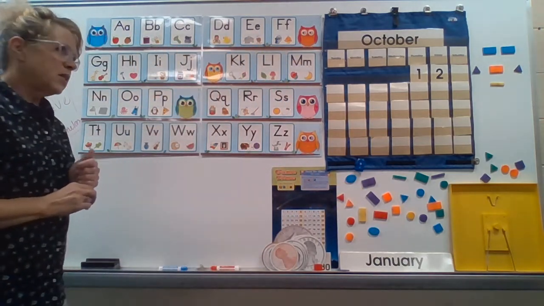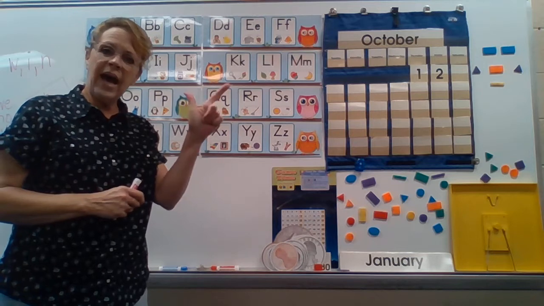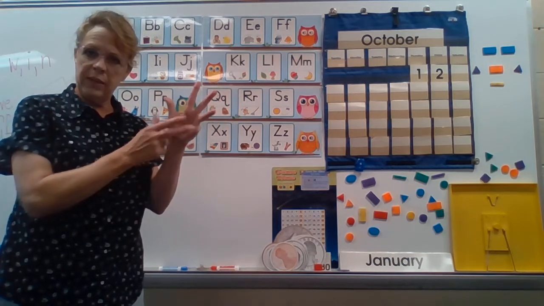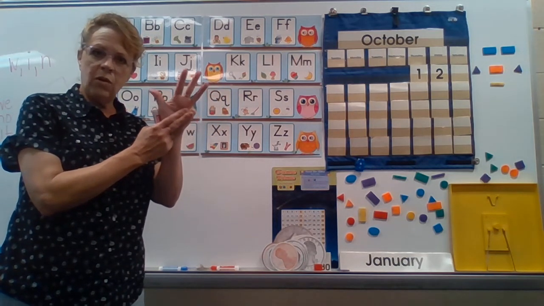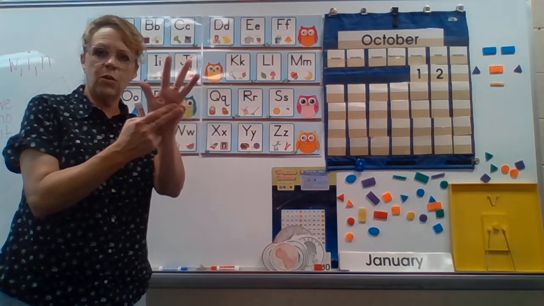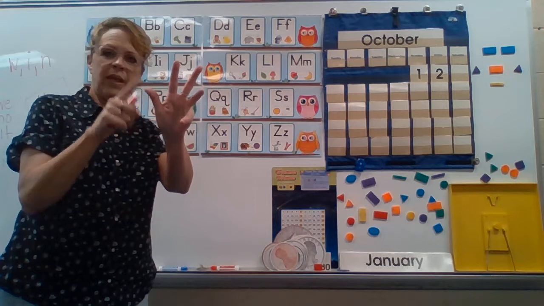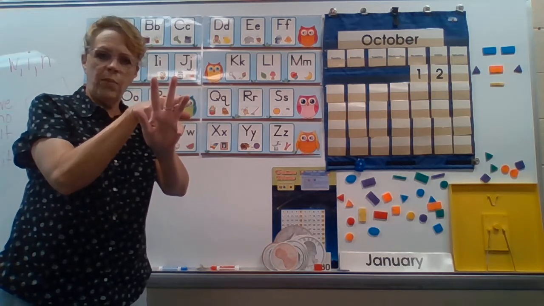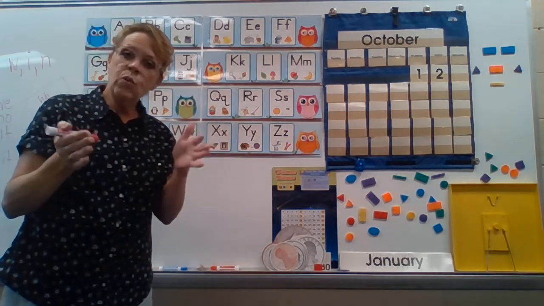So my sentence is going to be, we have no watermelon. All right? How many words? I need 4 words to write my sentence or my whole thought. We have no watermelon. So my first word is we.